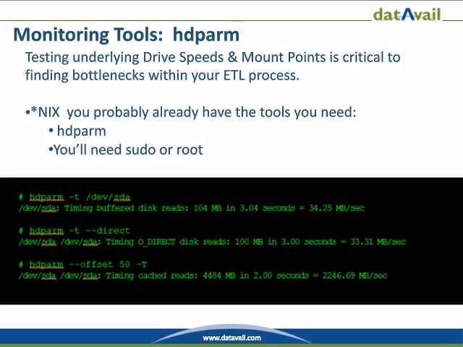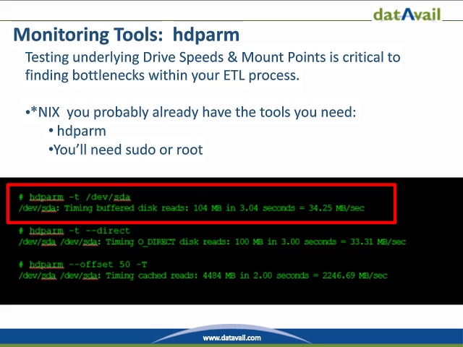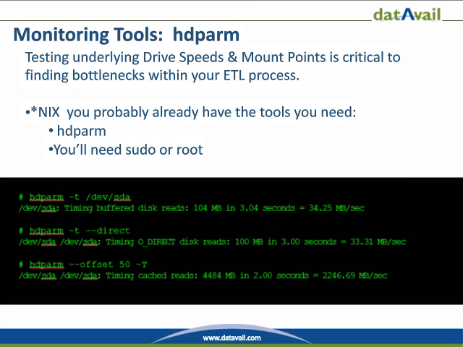So how do we know if it's a drive speed problem? We can measure that. We can use hdparm. You've got to have sudo or root to check this, but if you do an hdparm -T, and you notice I have a /dev/sda, that's my mount point that I found in the previous exercise using df -gh, I can check the timing of buffered reads. It shows me 34 megs per second.